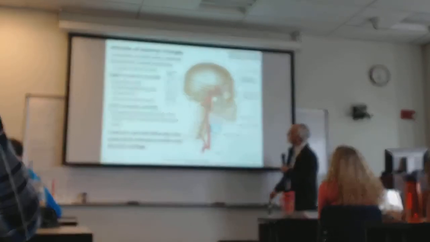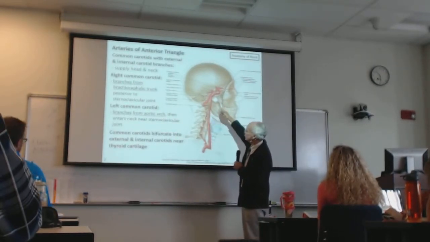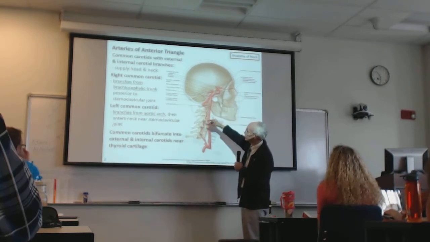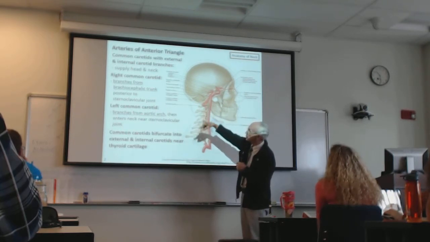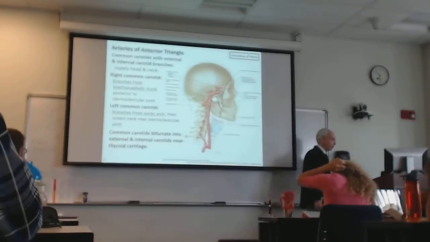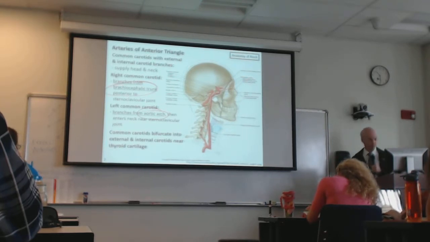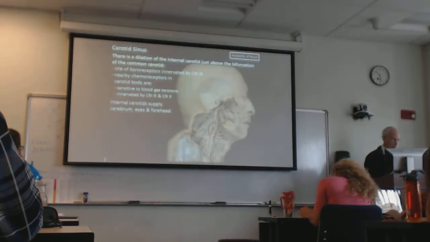We've already seen the remarkably tortuous pathway that they take as they approach the skull. Note the differences on the left and the right side with respect to the carotid. On the left side, the carotid branches directly from the aorta. On the right side, it branches from the brachiocephalic trunk. We'll talk more about that when we talk about the thorax.